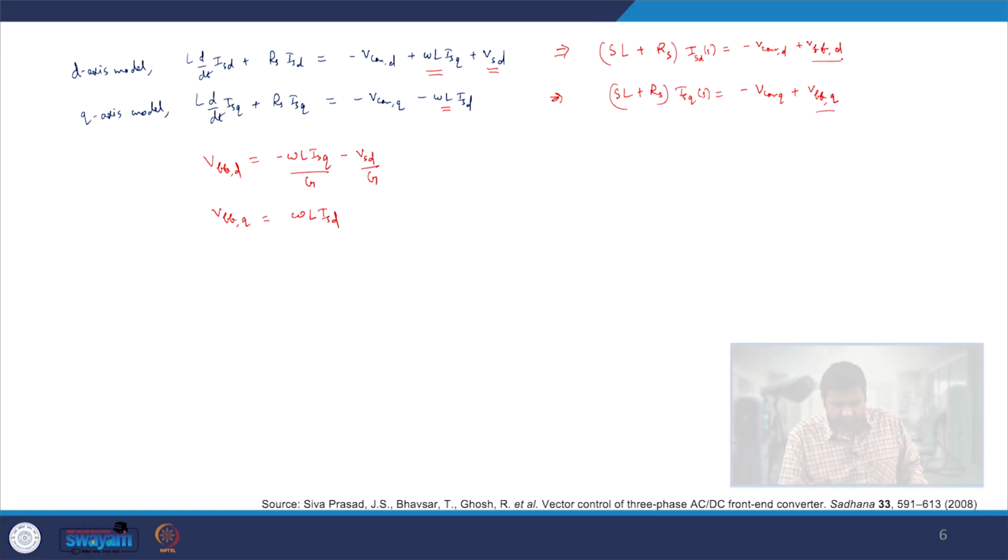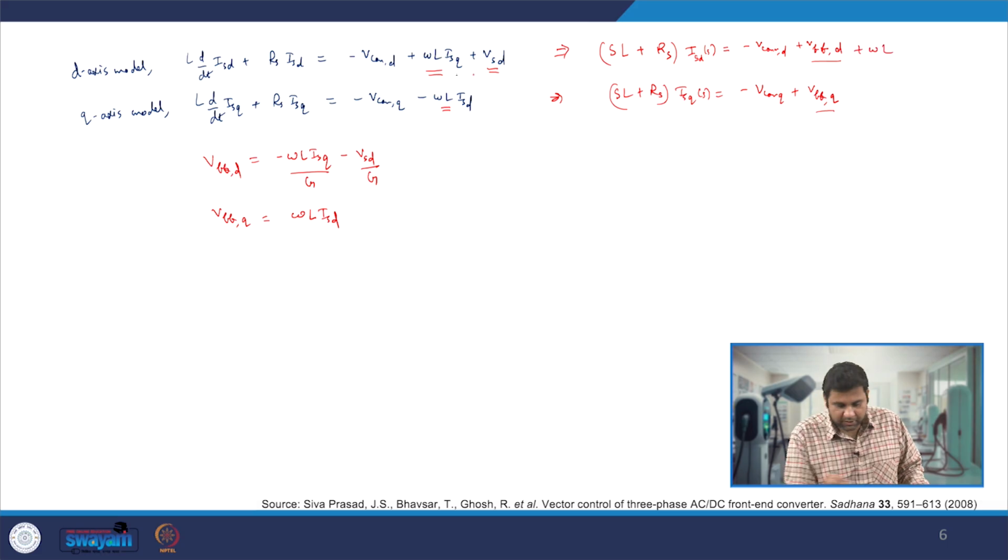So after this feed forward term we will add this omega L ISQ, because these are already there in this system. Obviously we are applying through the converter with a gain G, so we will divide by gain G, plus VSD by G, and in the VSQ we have minus omega L ISD.